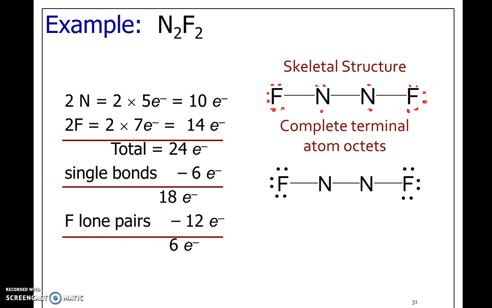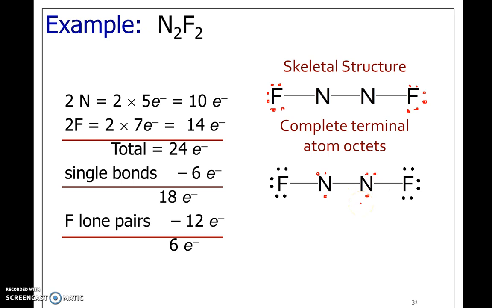Okay, that's where we're at. Now we have 6 electrons to go. So we have 1, 2, 3, 4, 5, 6. So we have 2, 4, 6, 7 electrons around this nitrogen and 7 electrons around this nitrogen.